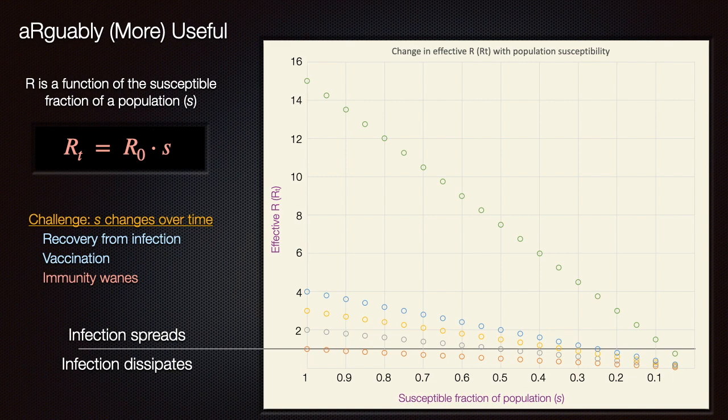Here I've plotted a very theoretical relationship between the susceptible fraction of the population, which we call S, and the effective R, or RT.